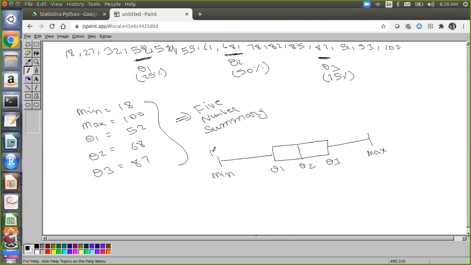What is your minimum value? 18. Maximum value is 100, and then your 52 and 87. Q2 is 68. Oh, sorry, thank you for correcting me. So this is how you create a box plot.